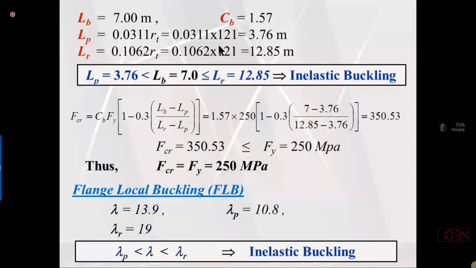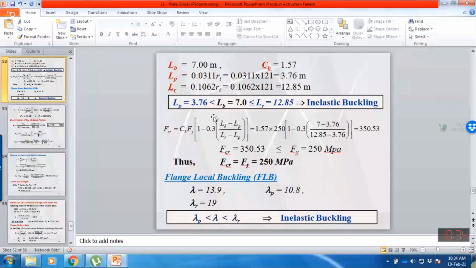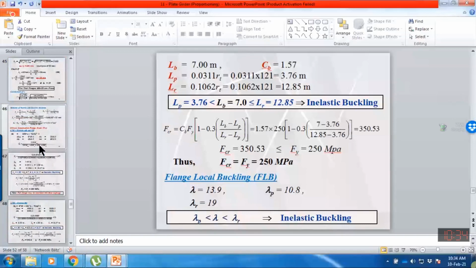So the FCR value based on lateral torsion buckling will be determined by this formula: CB times Fy times 1 minus 0.03 times LB minus LP over LR minus LP. The CB value we have already determined in our previous lecture for the end segment, for segment AB. So I need to show you again.